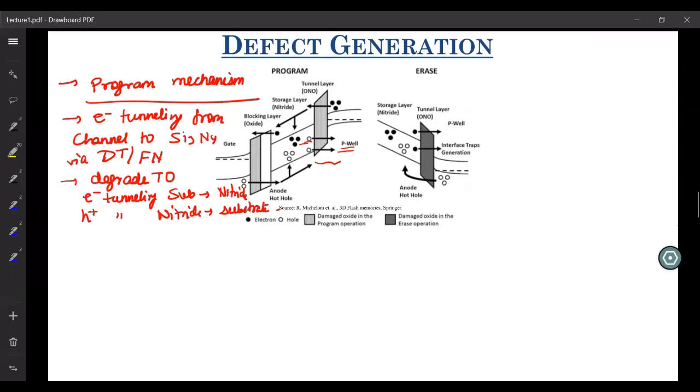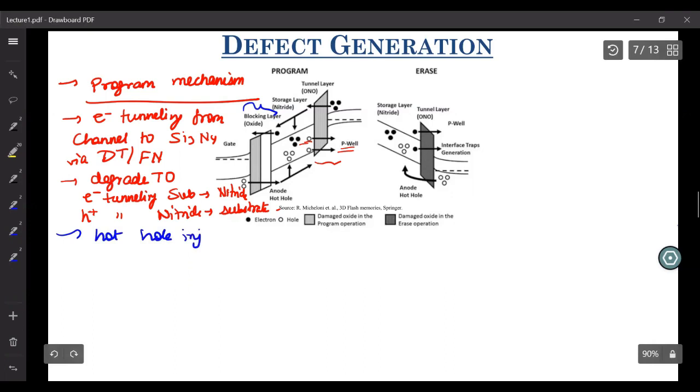Okay. Now let us focus on the blocking oxide layer during the program mechanism. What are the mechanisms that can lead to its degradation? There can be hot hole injection from your control gate to the storage layer.